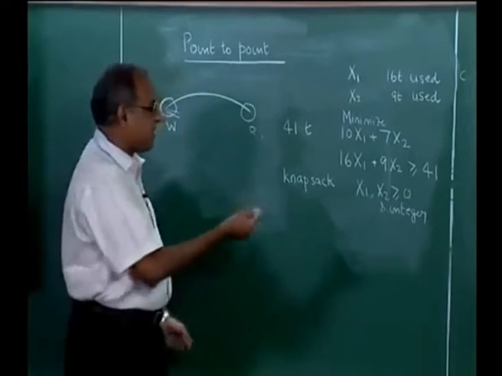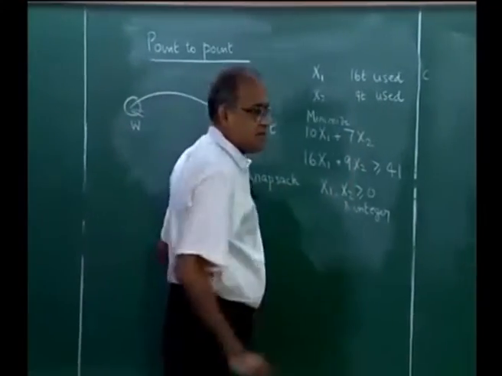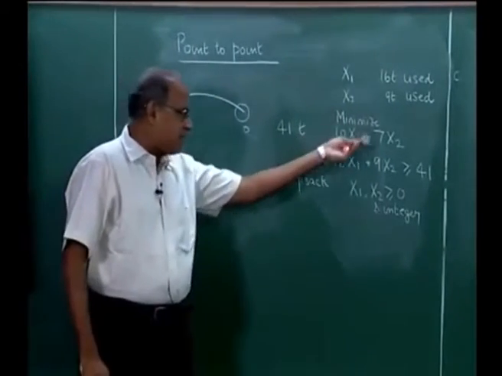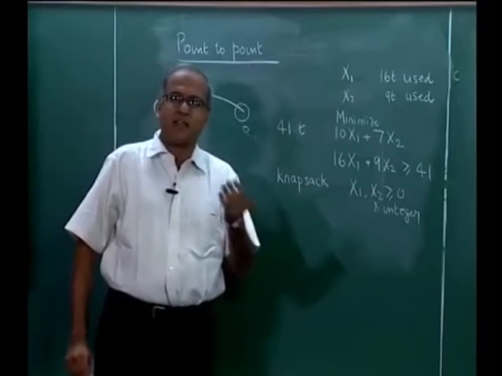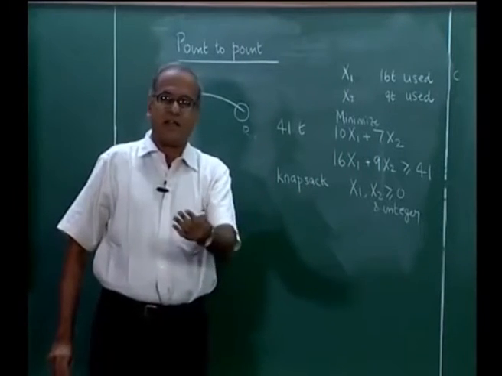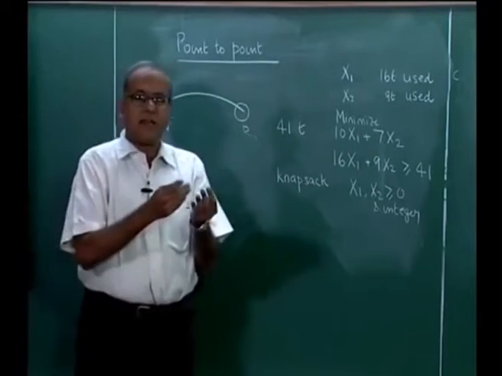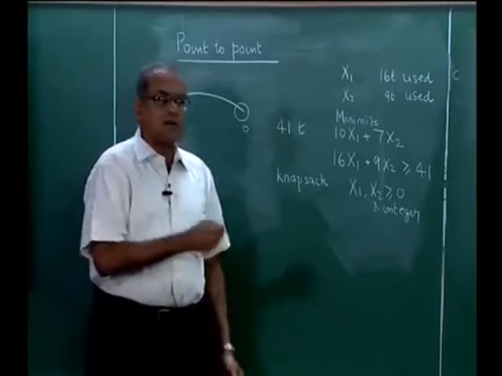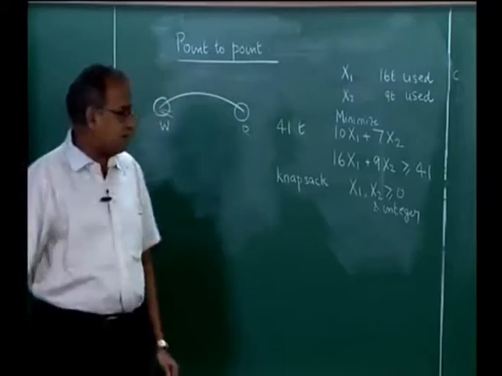If we have a solver, one can easily solve this using the solver, as there is only a single constraint. If we have only two variables and a single constraint, one can even do an enumeration and try to solve it, but there are better ways of solving this using some kind of a branch and bound algorithm.